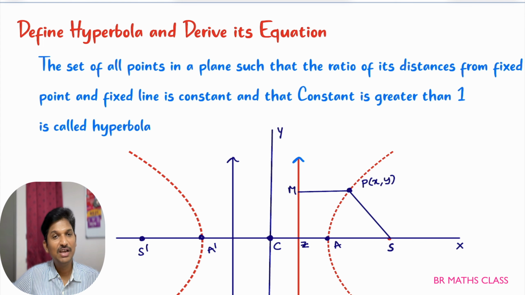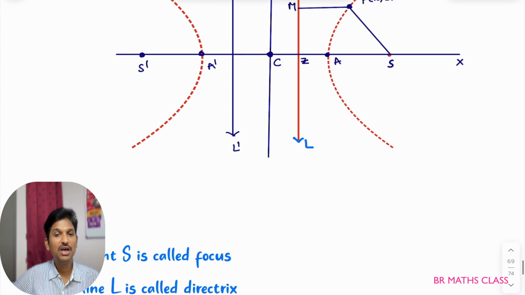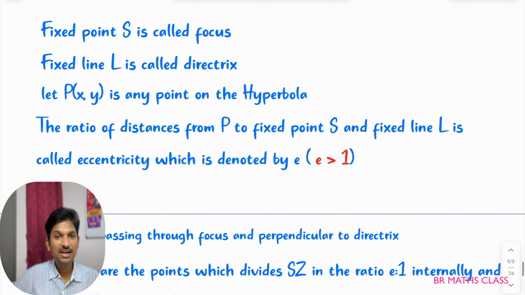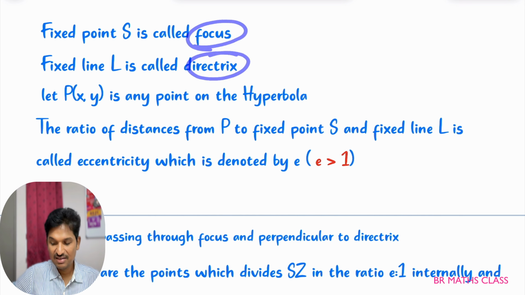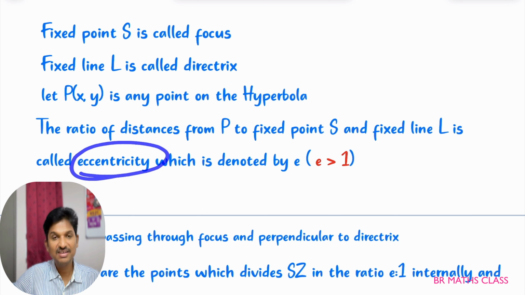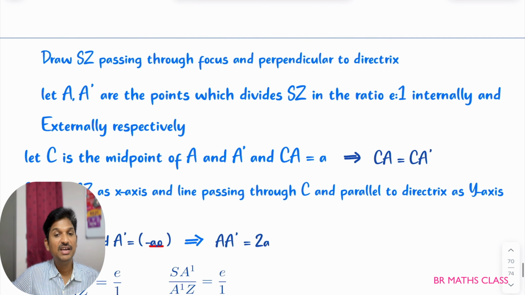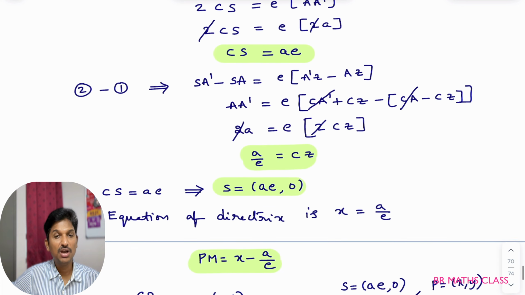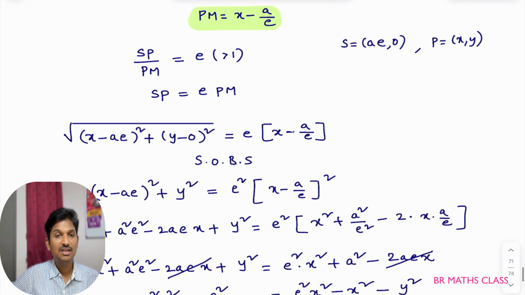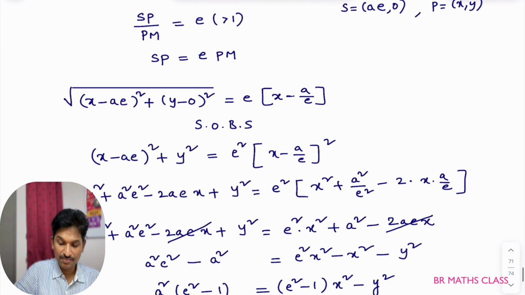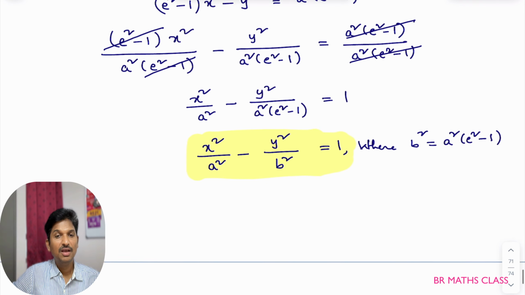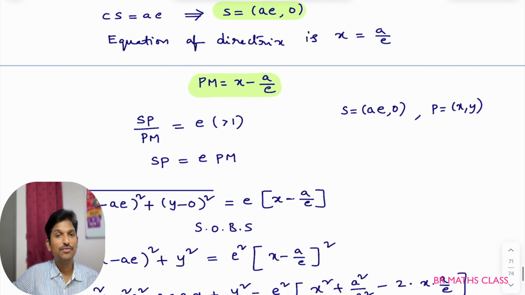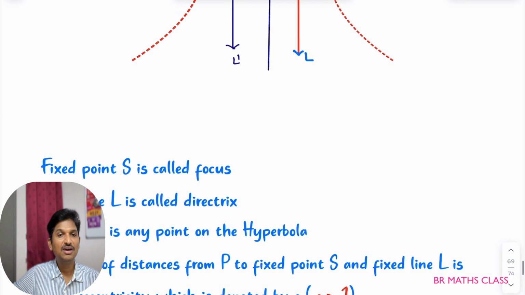What we learned: the definition of hyperbola, what is focus, what is directrix, what is eccentricity, and we derived the equation of hyperbola in three parts. Here, this third part starts here and goes till the end. So this is the derivation of the equation of hyperbola.